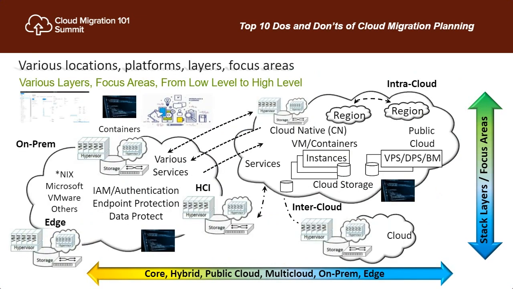Okay, so as we go a little bit deeper, we start to see a little bit more in there: the various locations, the platforms, the layers, the focus areas, i.e. that stack. We bring in up there in the upper left the management aspect, supporting different devices in different locations, whether they be mobile apps, mobile devices, or IoT-type devices.